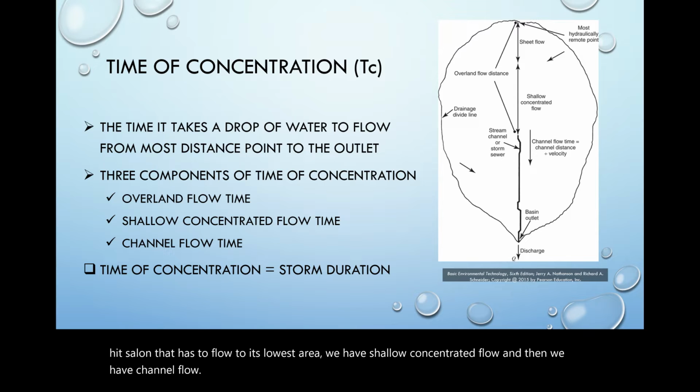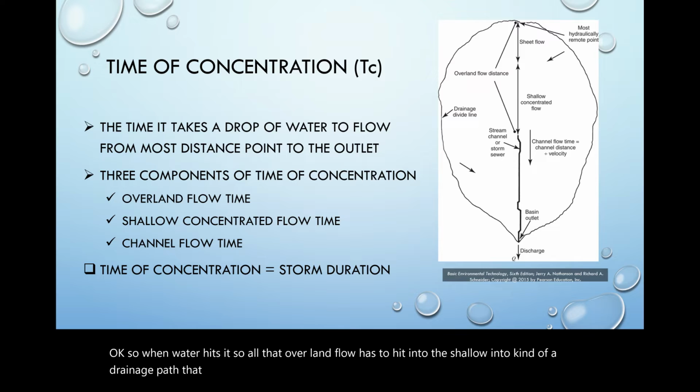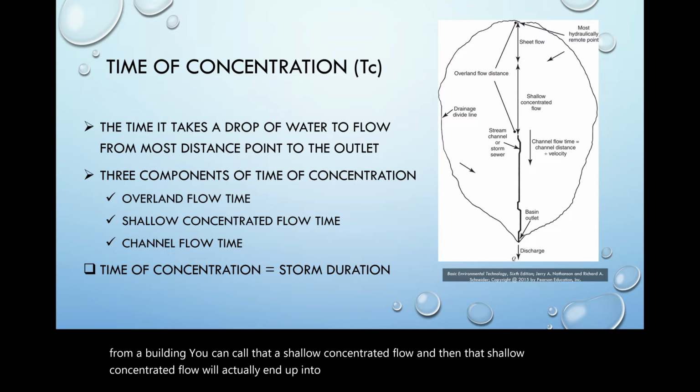Okay, so all that overland flow has to hit into kind of a drainage path. You know, the lowest contours in your yard. There's contours that get water to flow away from a building. You can call that a shallow concentrated flow, and then that shallow concentrated flow will actually end up in a ditch or a culvert or something, and that's your channel flow.